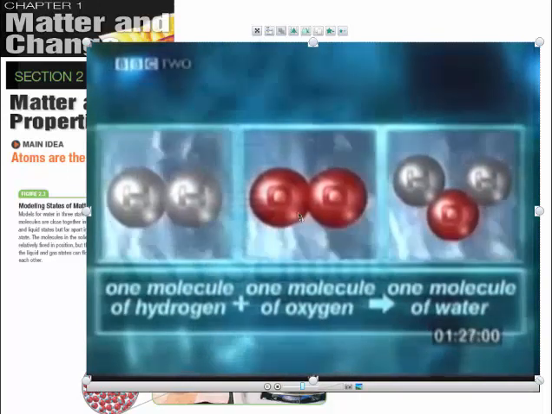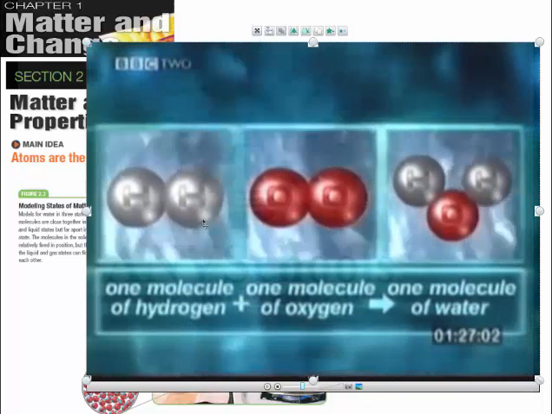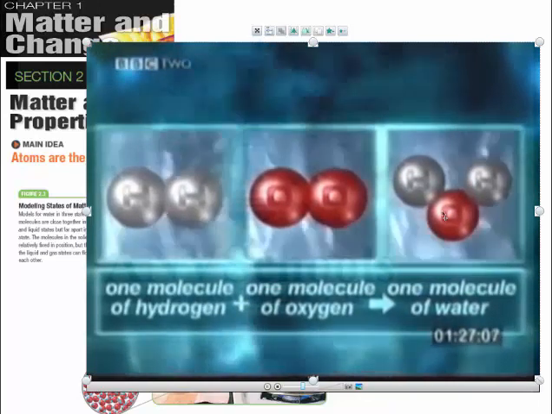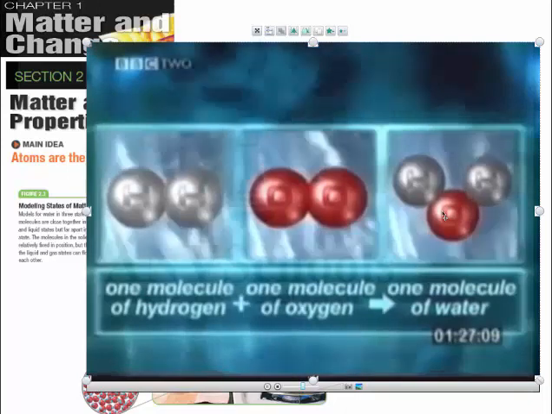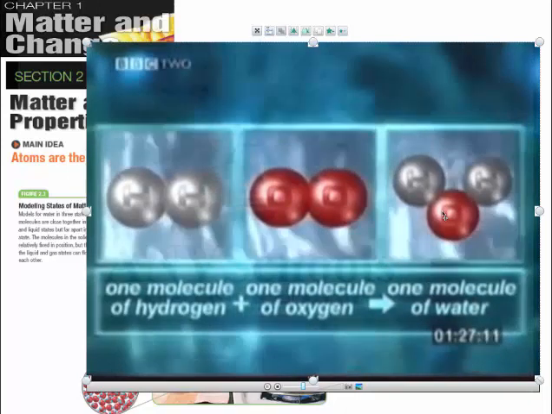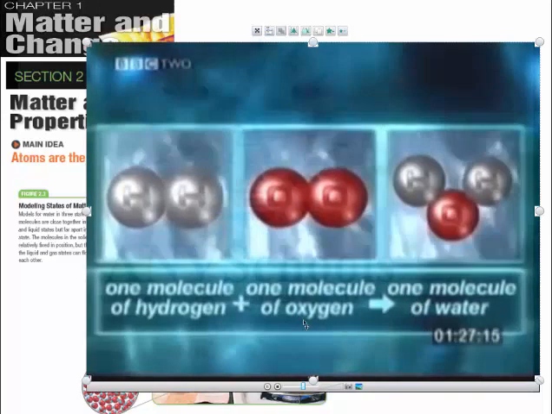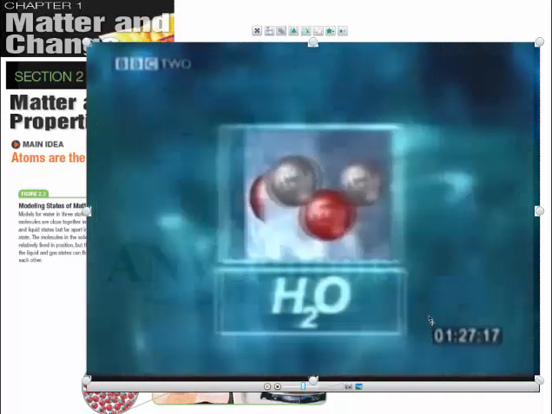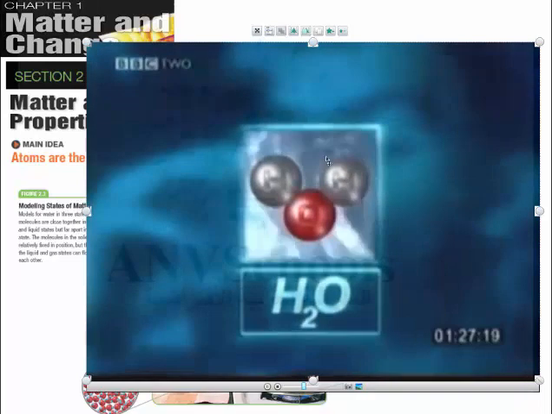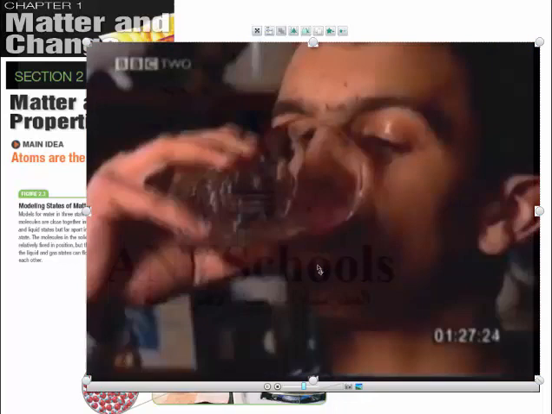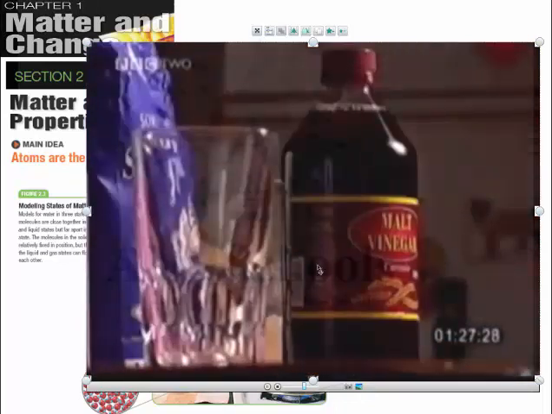Oxygen is an element, and water is nothing but a compound. Hydrogen and oxygen form water. Water is regarded to be a compound of hydrogen elements and oxygen elements.